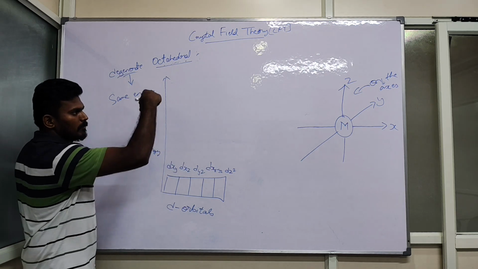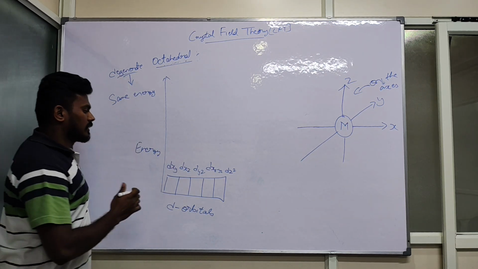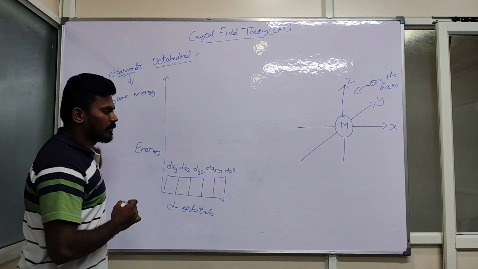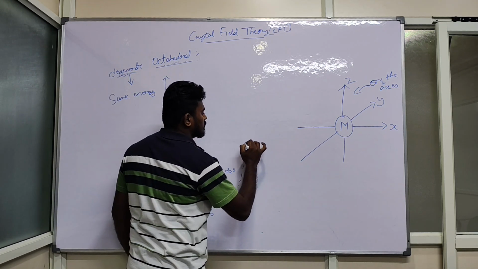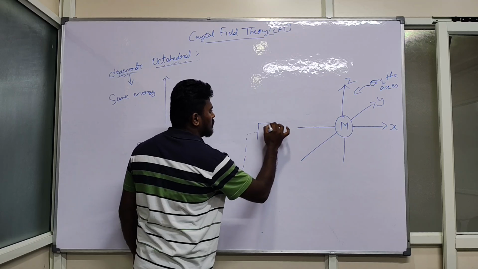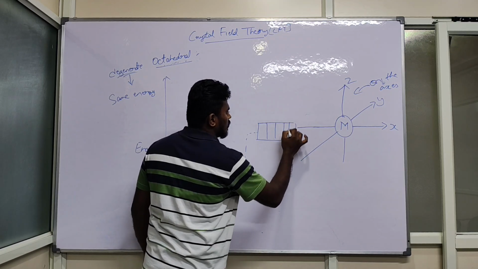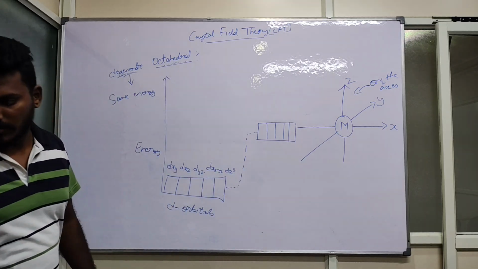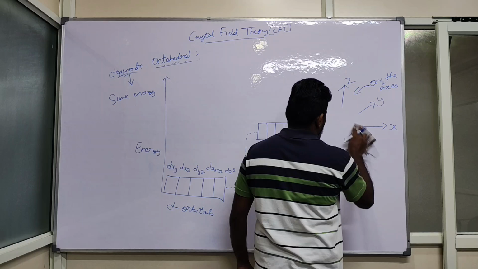So when the ligands approach the metal atom on the axis, these degenerate orbitals lose their degeneracy and form non-degenerate orbitals.